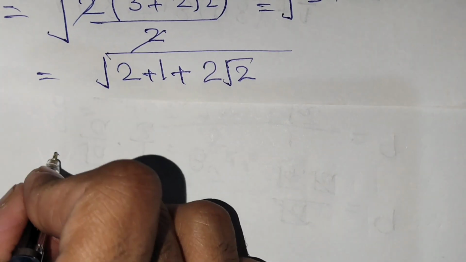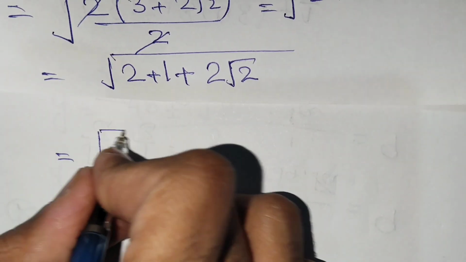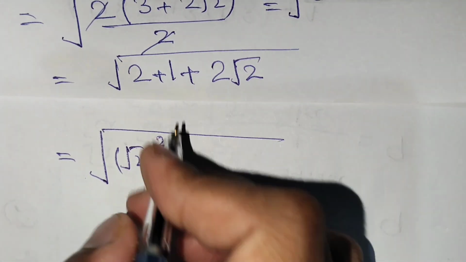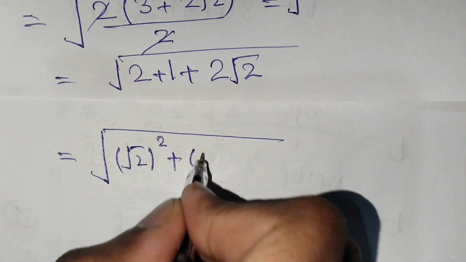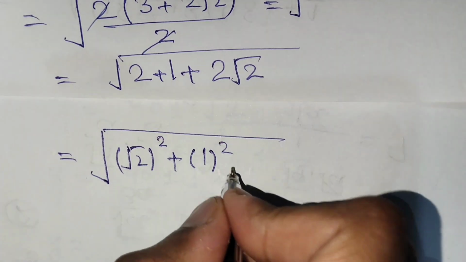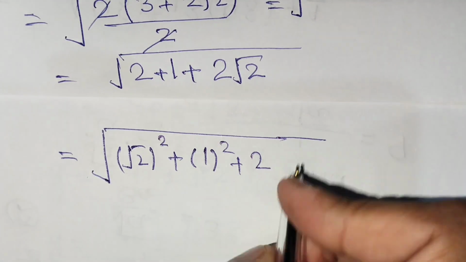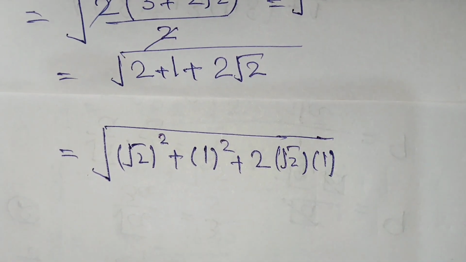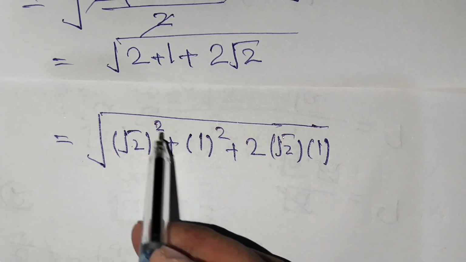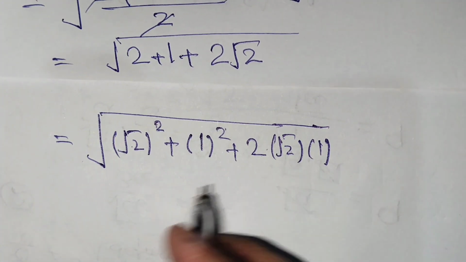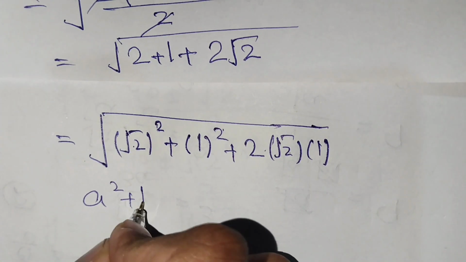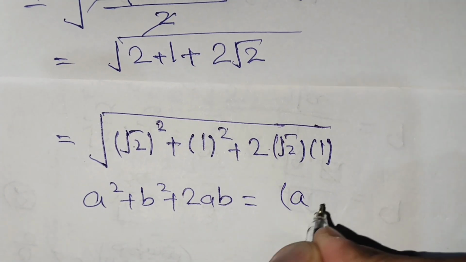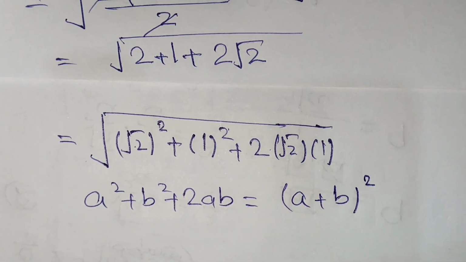Now we can write this 2 as square root of 2 whole square, and this 1 can be written as 1 square, plus this can be written as 2 into square root of 2 into 1. If you focus, this is a square plus b square plus 2ab. A square plus b square plus 2ab is equal to what? A plus b whole square.